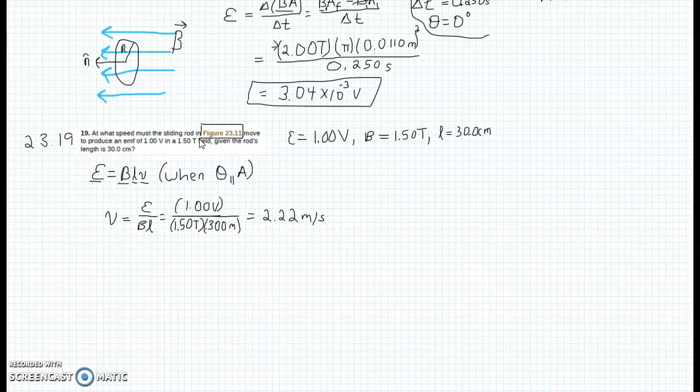Okay, so in that particular case, we're given the EMF, we're given the field, and we're given the length. So at this point, it is just literally putting it into this equation and solving for the velocity. Okay, and I get 2.22 meters per second.